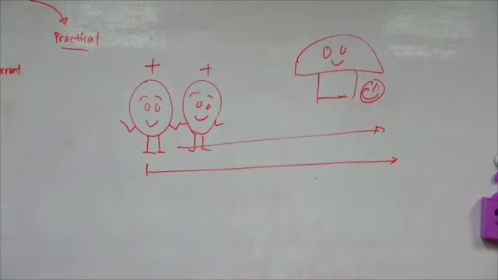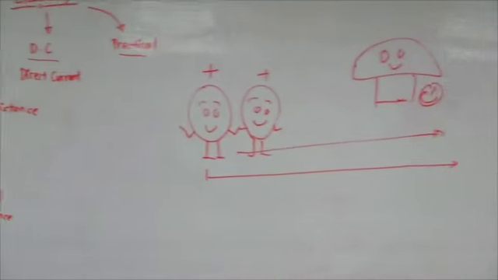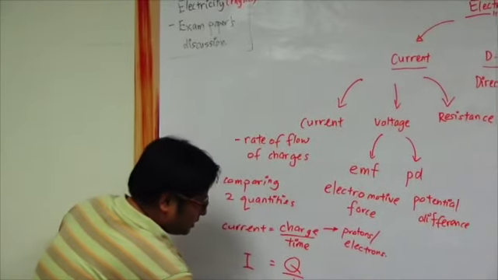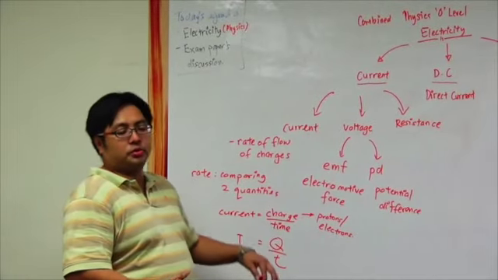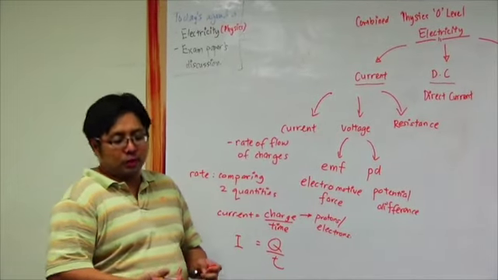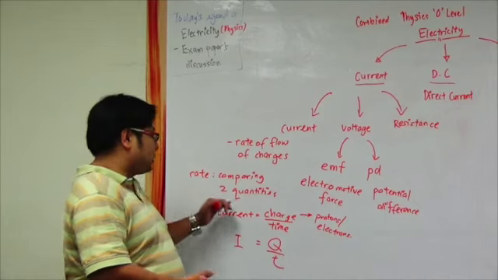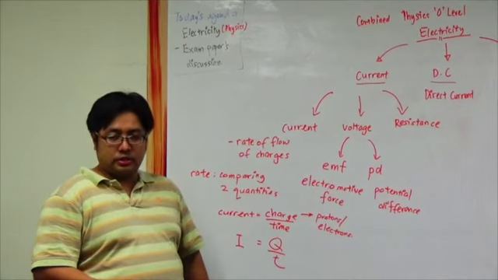There is a unit. Current has the symbol I, and I equals Q over T. Perhaps you can Google it, because this I is taken from a Greek word which basically means current, and Q means charge.